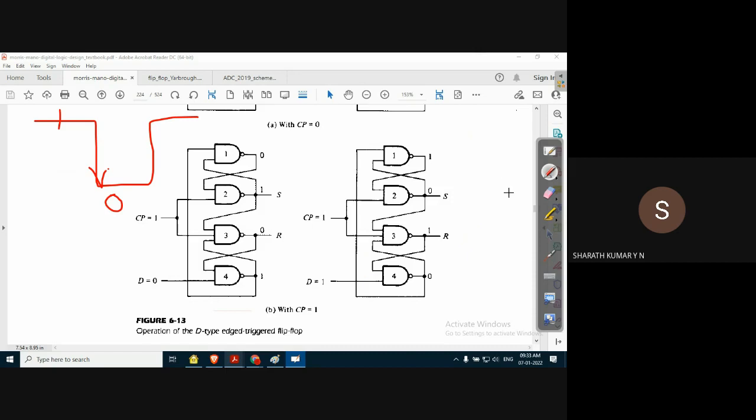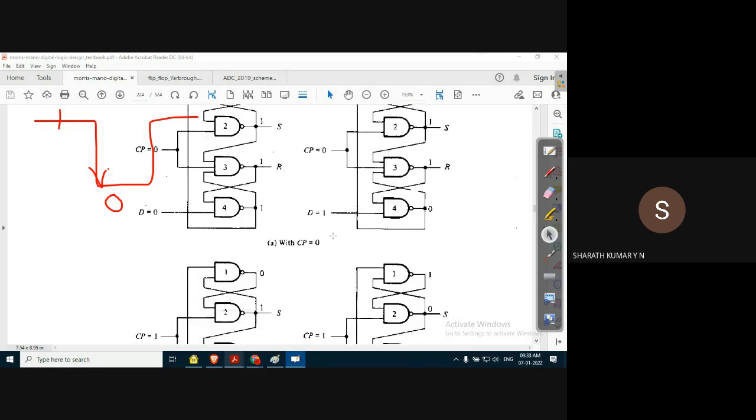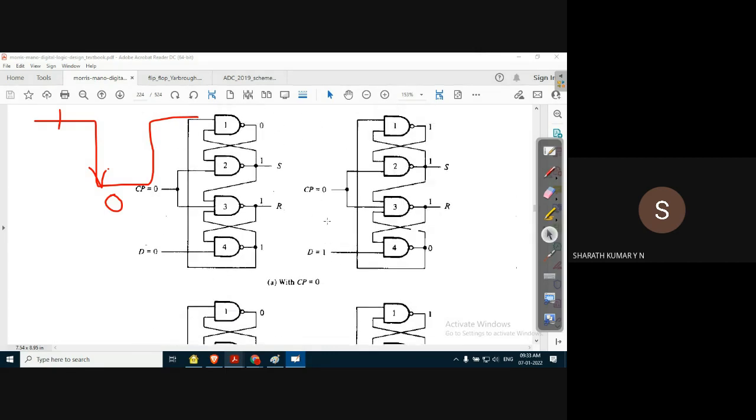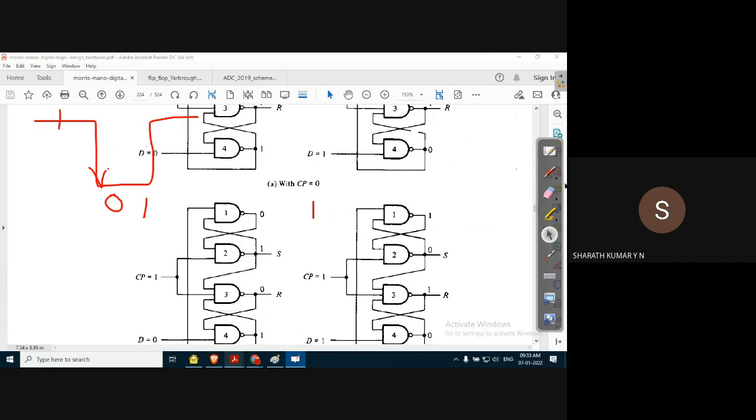When the falling edge comes first, this discussion will be different. For example, initially we start with 1, clock pulse 1, then we change the clock pulse to 0. Accordingly the output will change. That's why we have to be particular about whether it is a negative clock pulse or a positive clock pulse. Based on that, the circuit operation is also going to change.